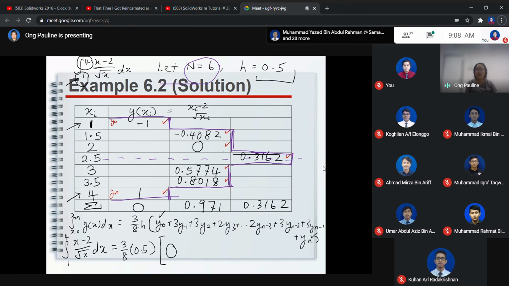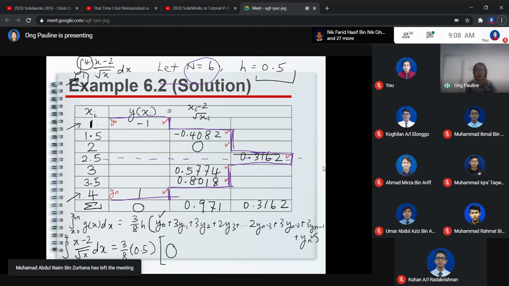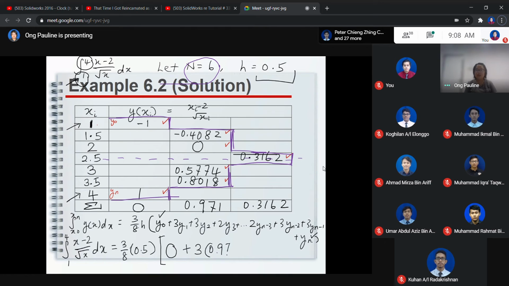Okay, and kolom yang kedua merupakan 3y1, 3y2, 3y4, 3y5. So those y we need to multiply by 3. So kita dah buat di sini dan kita dah jumlahkan. So we can have 3 multiplied to the 0.971.